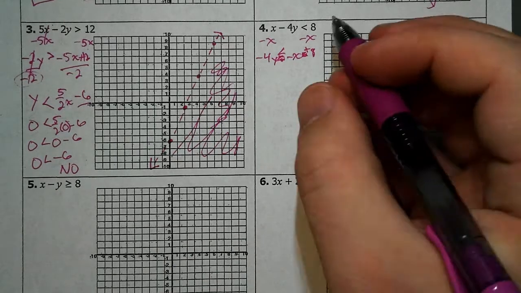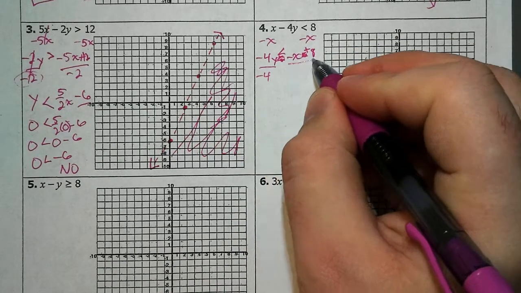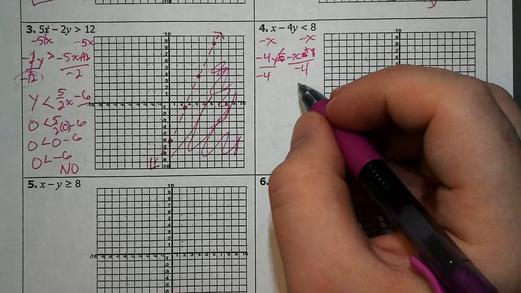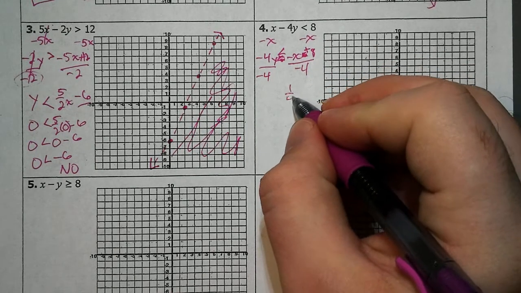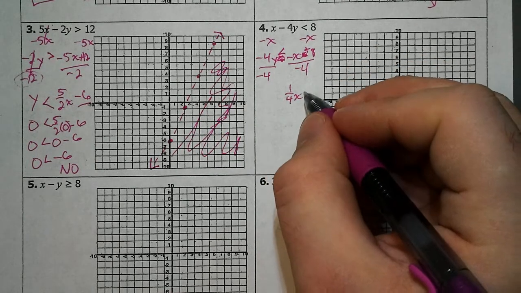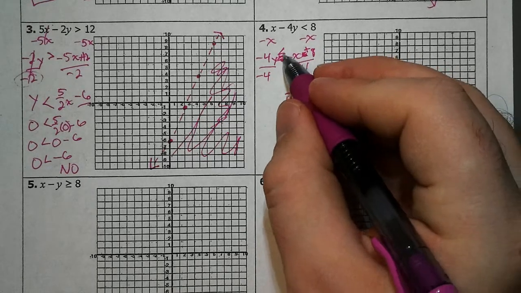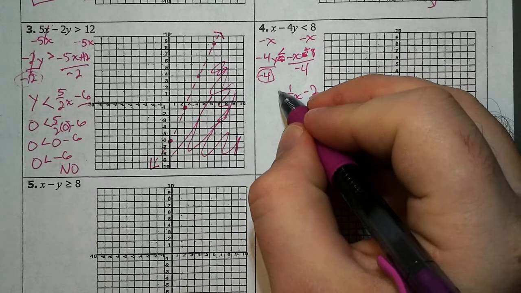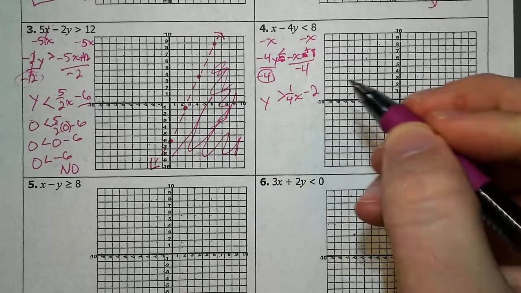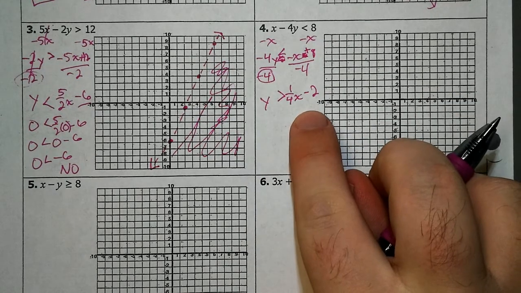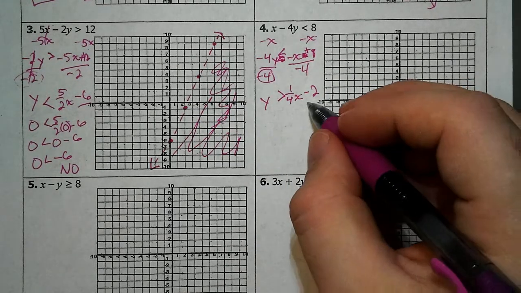Sorry about that. Divide by y. Negative 1 divided by negative 4 is positive 1/4. 8 divided by negative 4 is negative 2. Now, we're dividing by a negative, so the symbol flips, and it's going to be y is greater than 1/4 x minus 2. Let's go and graph it.